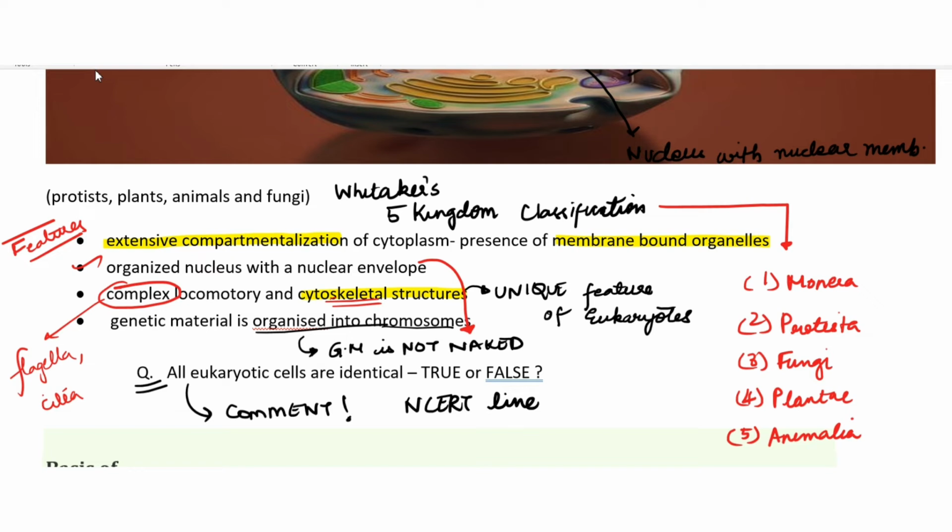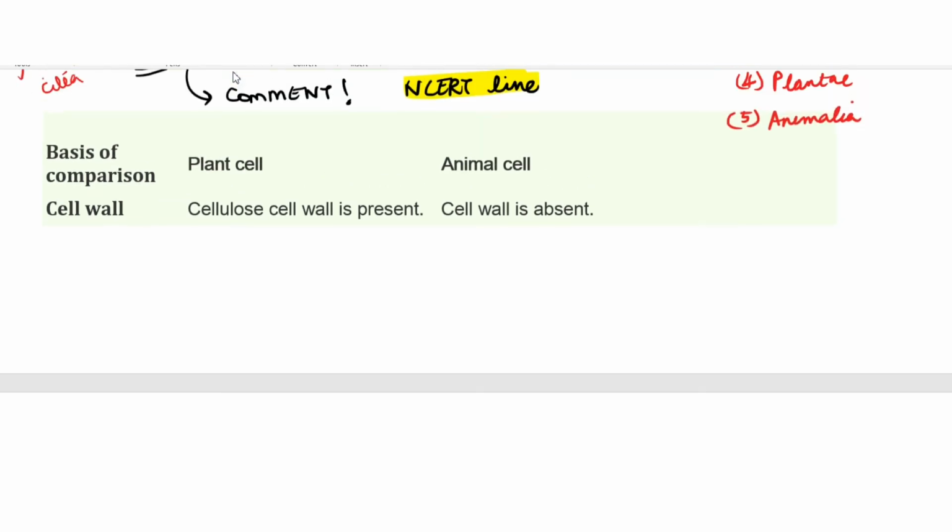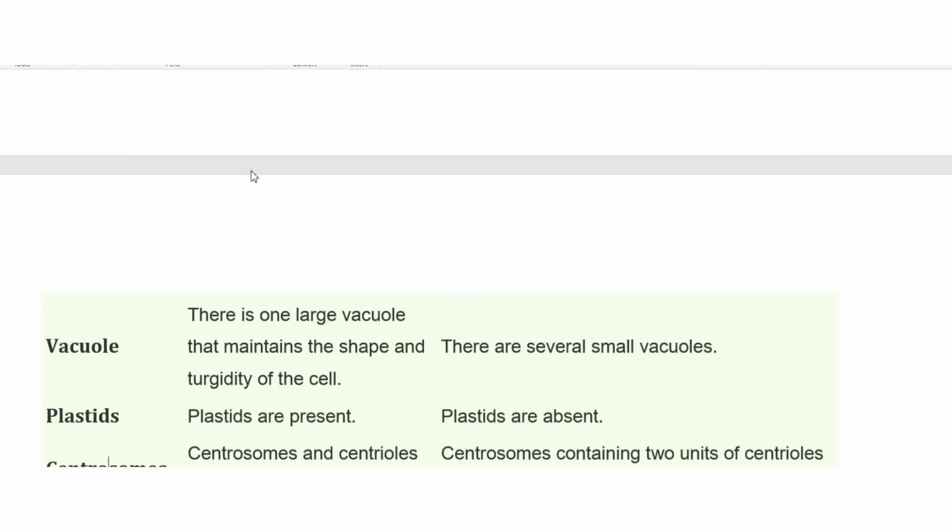Okay. So now, as an answer to the question I asked you, let's compare plant cells and animal cells. By now you would have understood. We are going to look at the differences between plant cells and animal cells. The plant cell wall is made up of cellulose, and in animal cells there is no cell wall, there is only plasma membrane.